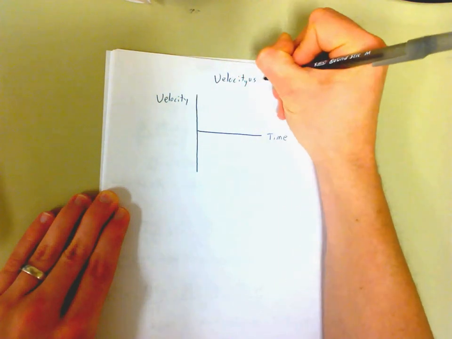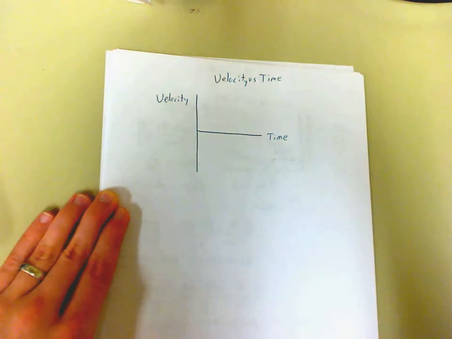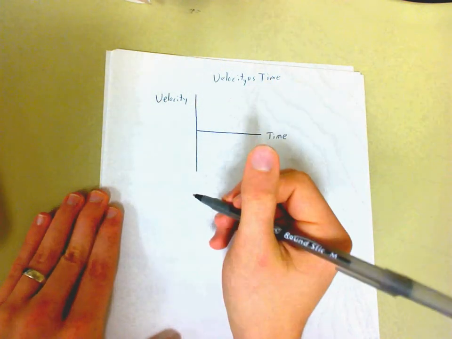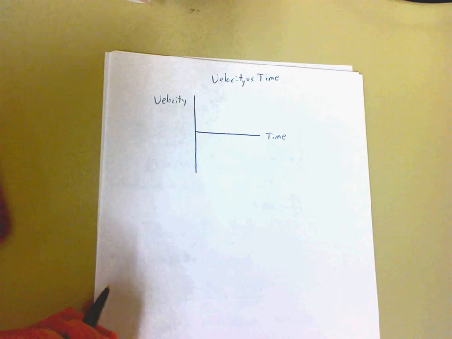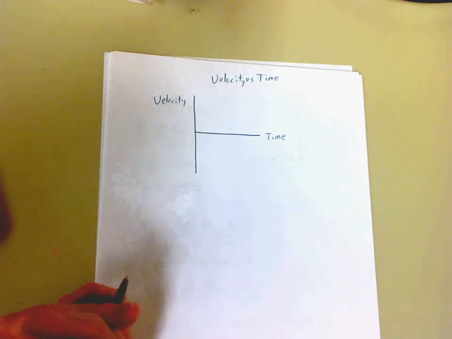Alright, now our scenario is this. We have an object, or our car, and we're going down the driveway, and once we get to the end of the driveway, we realize we left our wallet, we left the money back at the house, so we have to go back to the house.